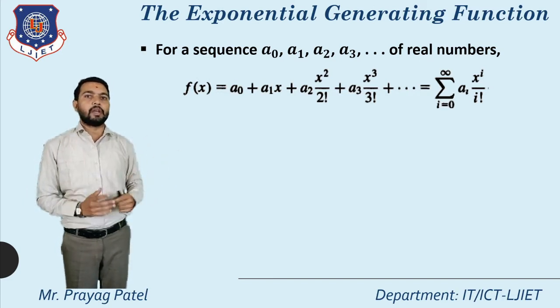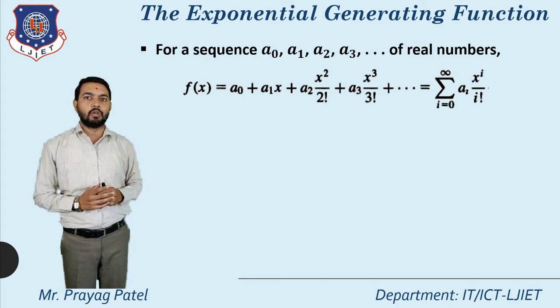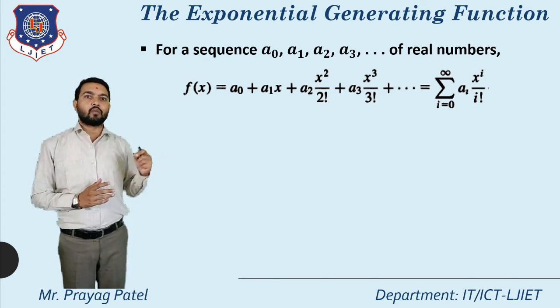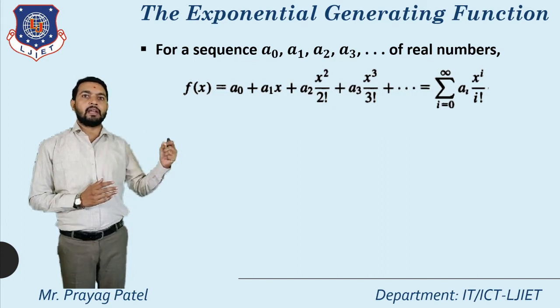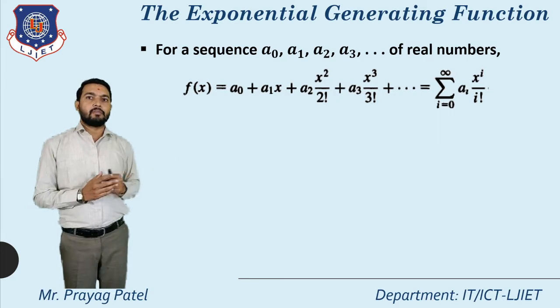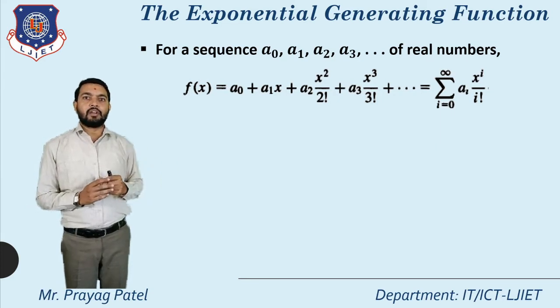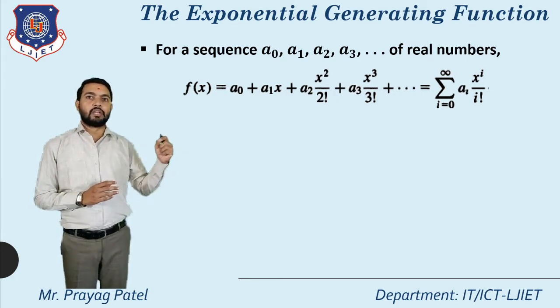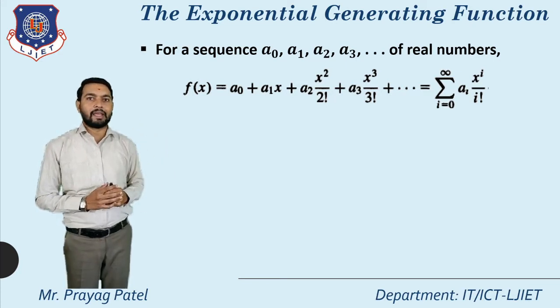Then we write the common equation: f of x is equal to sigma i equal to 0 to infinity, a of i x to the i divided by i factorial. So the first term is a0, the second term is a1 times x raised to 1 divided by 1 factorial, then the third is a2 x raised to 2 divided by 2 factorial, like this.